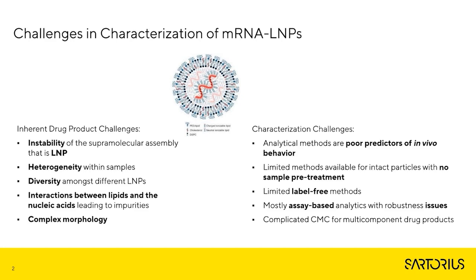Let's say if you're using fluorescent RNA, that might be physicochemically very different to what you might have if you didn't have that. That's why we want to strive towards non-labeling techniques, like the more developed pharmaceuticals are using.